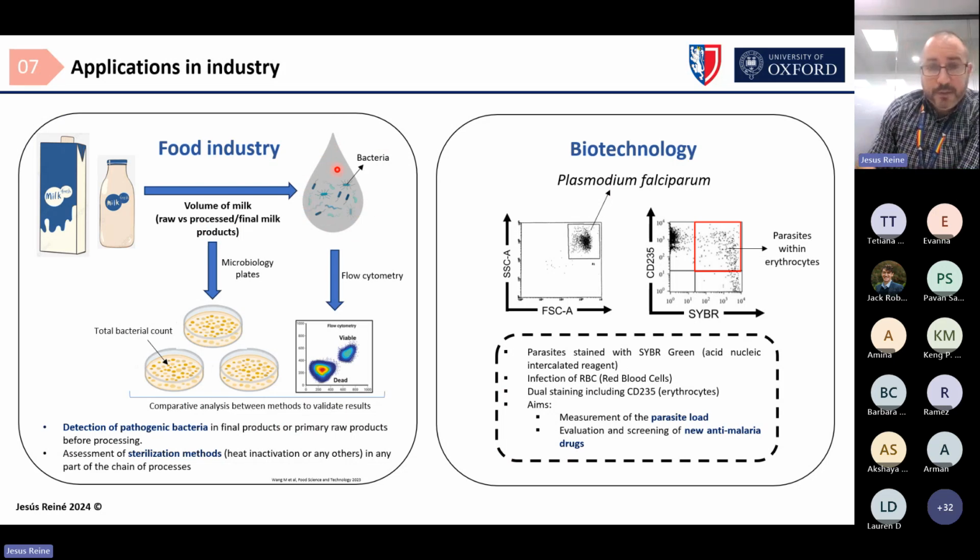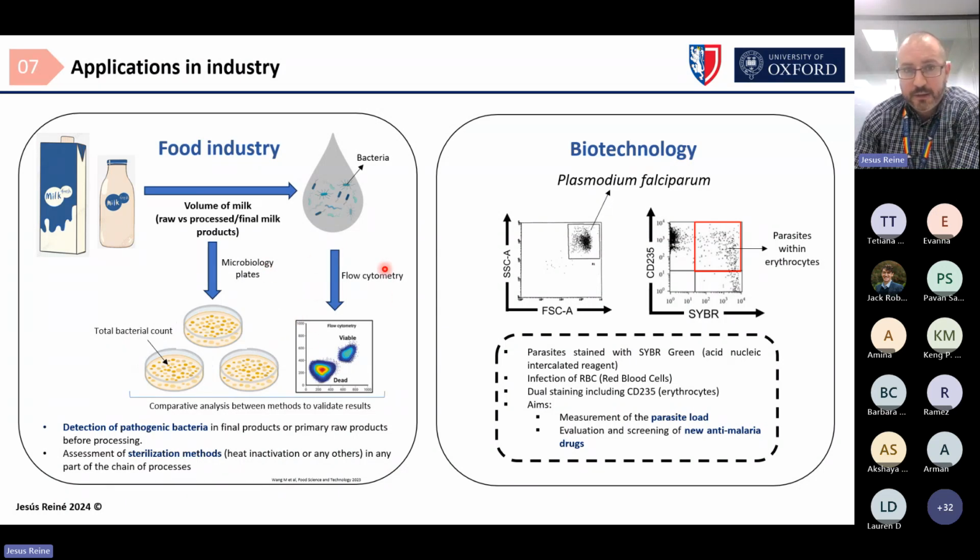Because they have specific threshold limits, and if for some reason this limit is higher, that product cannot be sold in the supermarket. So what we do is take the same volume for flow cytometry to identify this bacteria and to determine if the bacteria is under this level. Obviously we don't need to have any bacteria, or at least no pathogenic bacteria. But the thing is that we usually compare two methods.